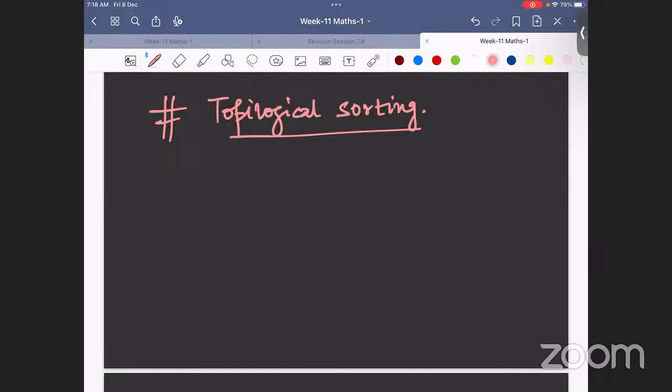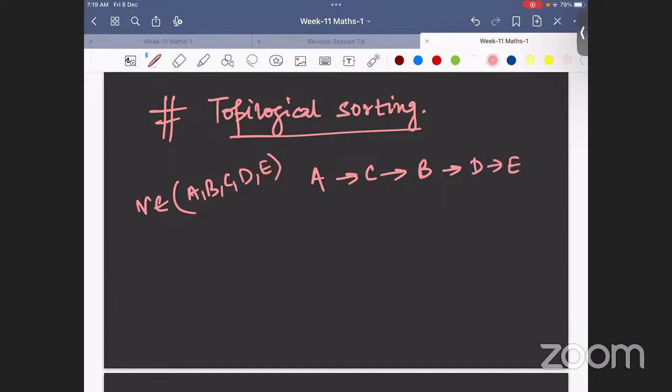And what is the relation in that sequence? Say a graph has the vertices A, B, C, D, E. If you write them in the sequence A, C, B, D, E, what does that mean?